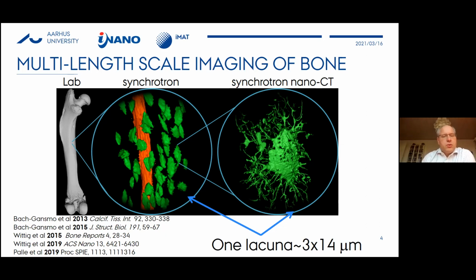Or we could, as I will show in the coming slides, use synchrotrons, where we can do high throughput measurements like you can see here in the center, where each of these green blobs houses a single cell, and the red correspond to a blood vessel. And it's even possible to obtain nanoscale resolution in 3D, where we will see that we can use this to unravel new features of the cellular communication network.